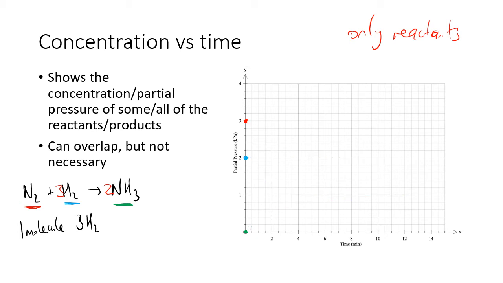Okay? Now, let's say that the N2 goes down by 3 units of partial pressure. So that's 3 units of partial pressure, and let's say that it reaches equilibrium at 4. Okay. If this goes down by 3, that means that the blue line, the H2, has to go down by how many? 9.